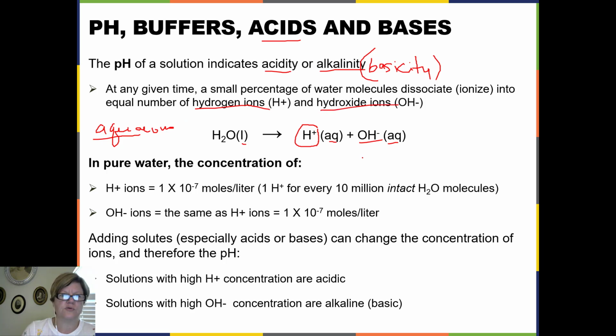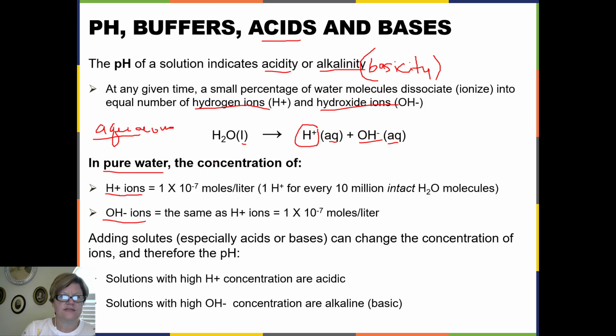So that's equivalent to one broken up water molecule. In pure water, there are 1 times 10 to the minus 7 moles per liter, which is equivalent to 1 hydrogen ion for every 10 million intact water molecules. So it's very little. But that's the hydrogen ion concentration of pure water.